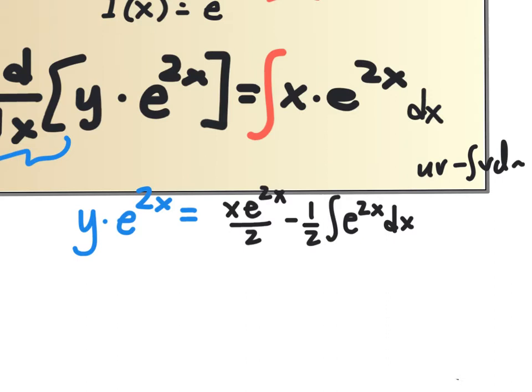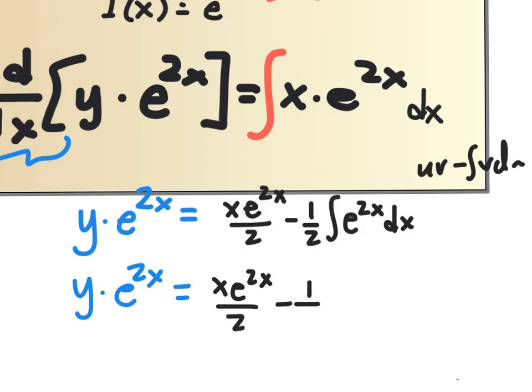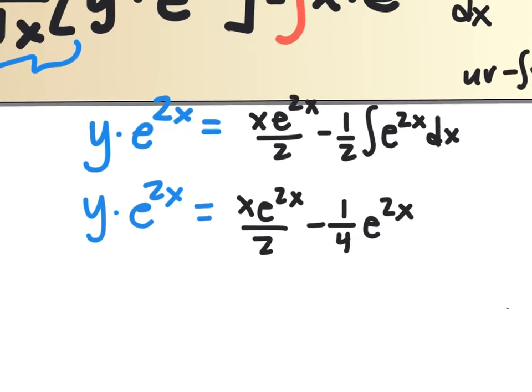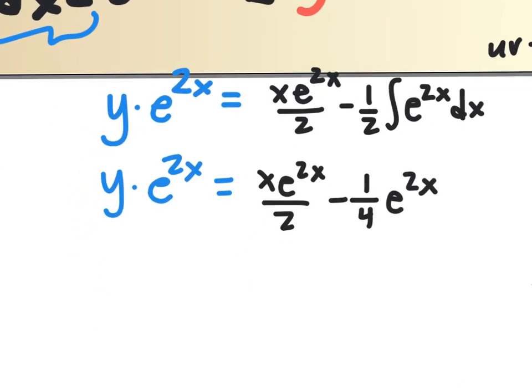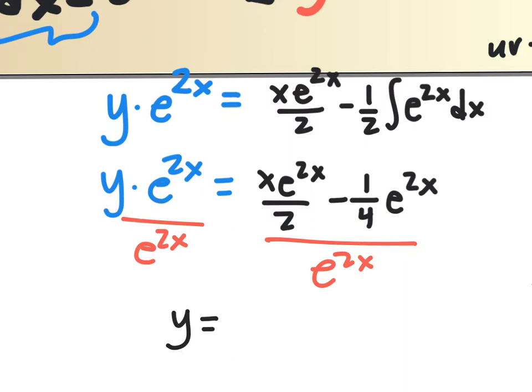Okay, so I'm going to leave the left side alone, y times e to the 2x, and on the right side I'm just going to integrate what I have there, so I'd have x e to the 2x over 2, and it looks like minus 1/4 e to the 2x. Okay, so I'm going to divide both sides. In this case, to get y, I'm going to divide everything by e to the 2x. Divide this by e to the 2x as well, and you're going to see something pretty extraordinary come out of this.